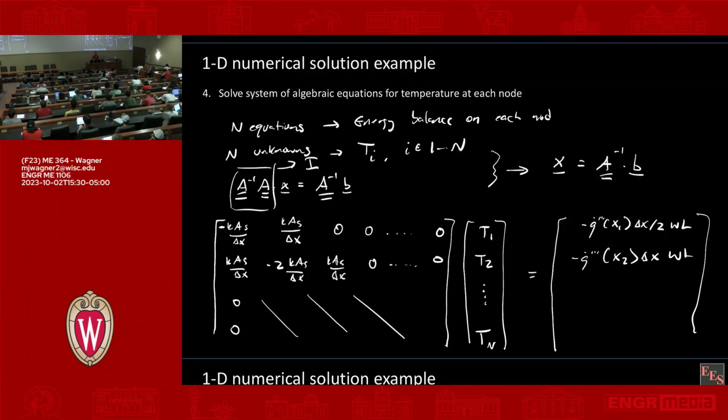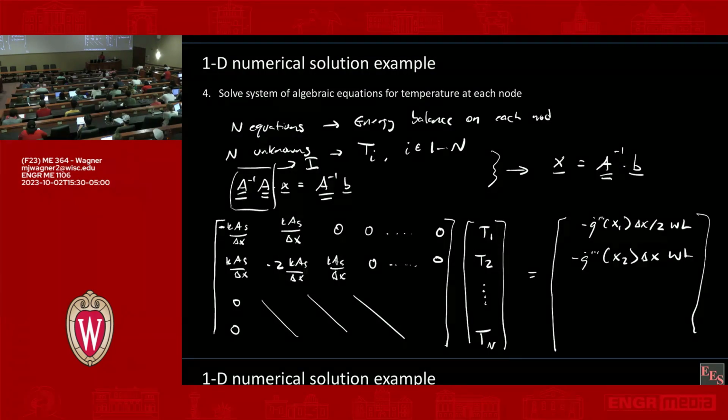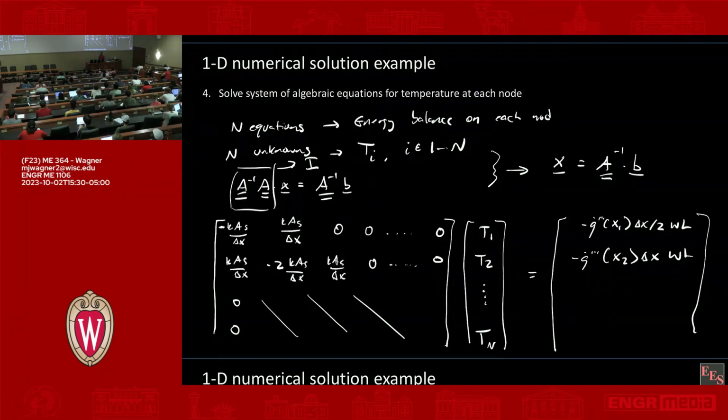The identity matrix is just a diagonal matrix of ones. When you multiply the identity matrix by a vector, it just gives back that original vector, which is temperature, or x in this case. So yeah, it has to go this way for it to make sense. If you try to do it the other way, I think you end up with wrong dimensions in your result. Other questions on this?